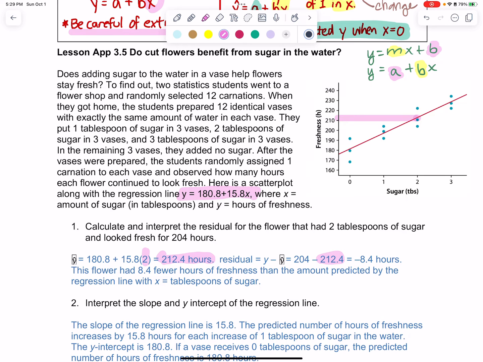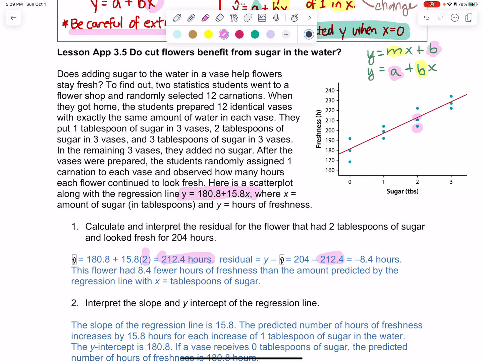I guess I have it off a little bit. Hold on, let me get it. My actual was actually 204, and this is my actual right here. And my predicted was right here.